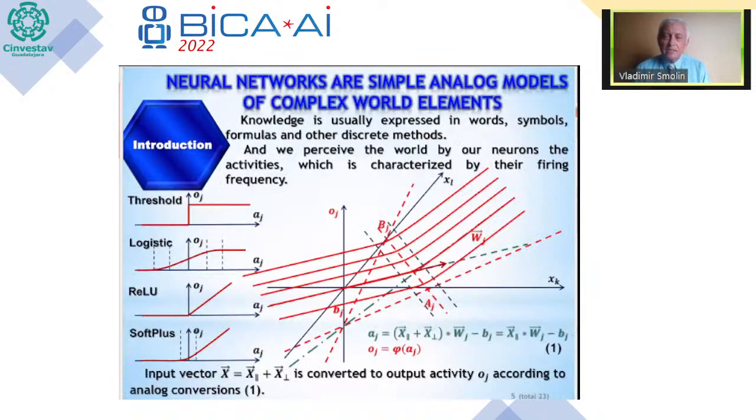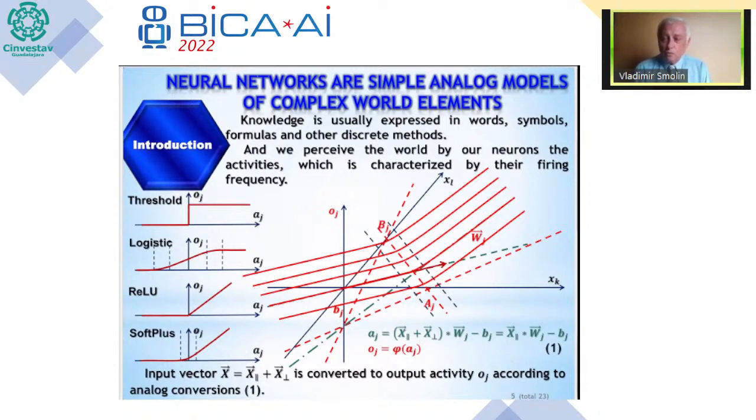The next thing is that neurons don't work with just formal neurons. Neurons don't work with symbols, words, and some discrete concepts. They just make analog transformation.